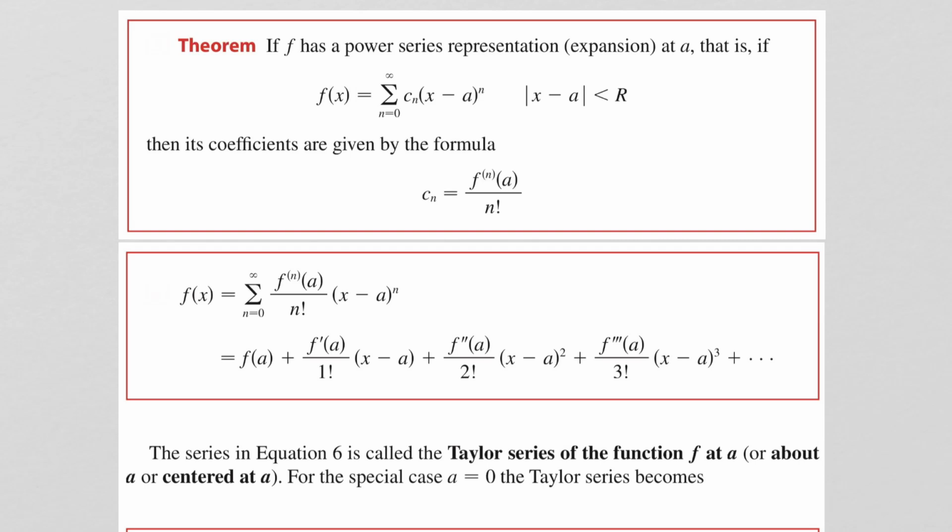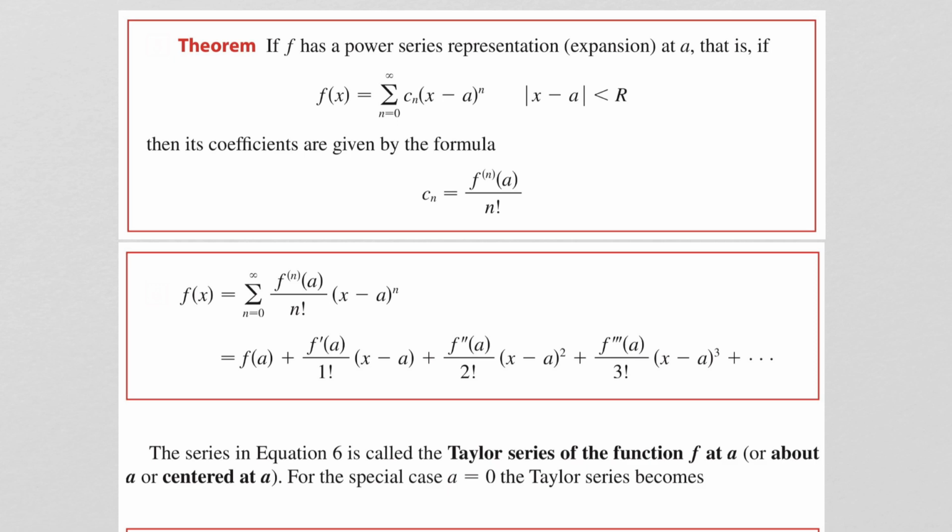Why is this important? Well, it gives us a way to find the power series for a function without having to know a power series for a related function. So this allows us to derive a power series for a completely new and unknown type of function.